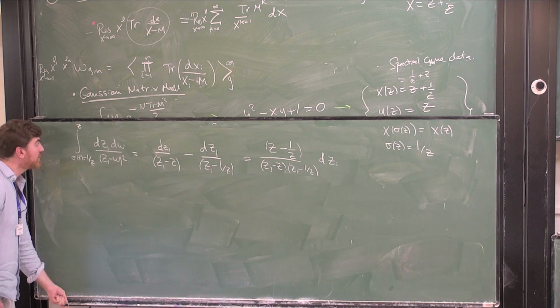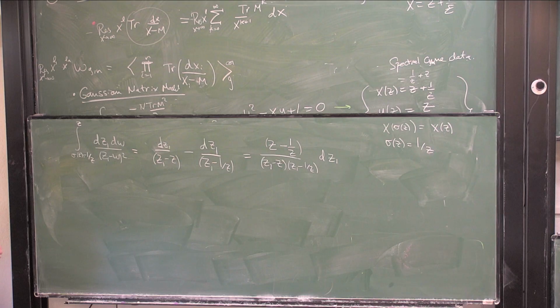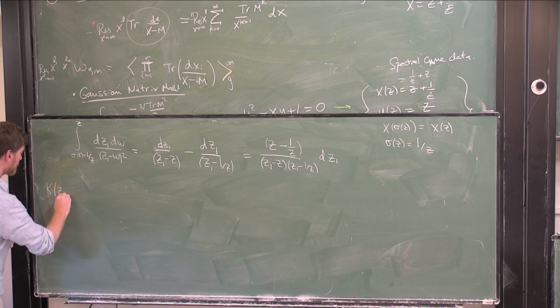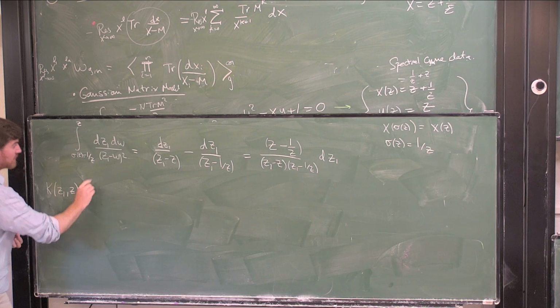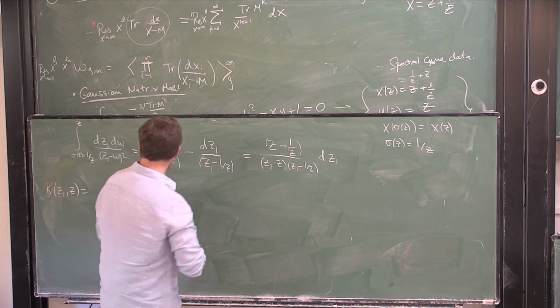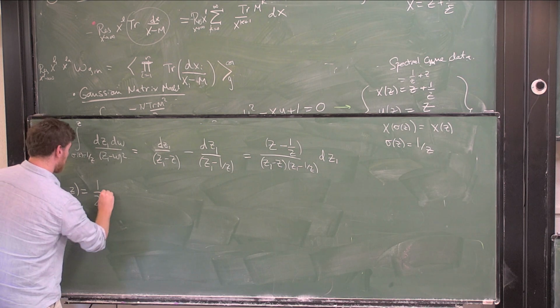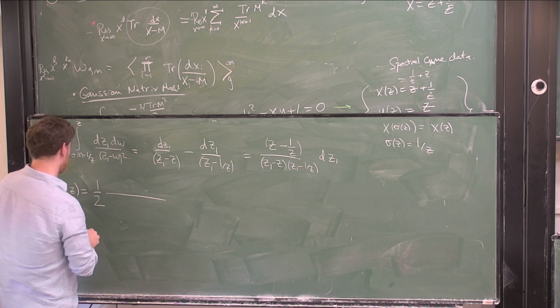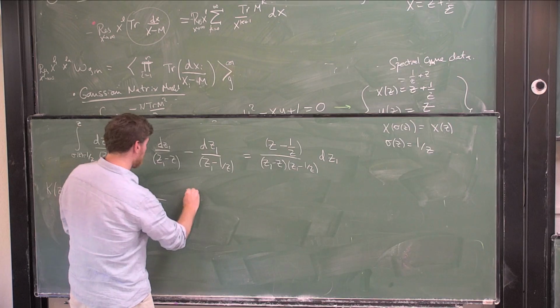Okay, very good. So now let's build this kernel. Okay, so this K of z1 and z, this is the numerator. Okay, so we have 1/2. The numerator we already have. Okay, so I'll write that right over here.